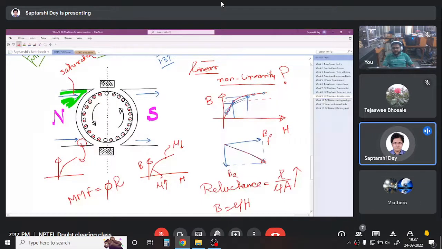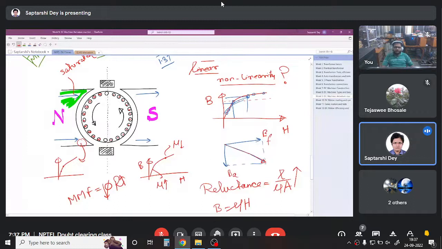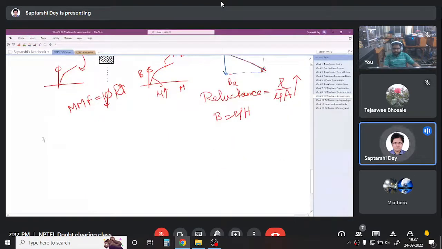So when the reluctance increases, for the same MMF, our flux must reduce. So if you do a vector addition of the MMF of the armature and the MMF of the field, and find out what the total flux should be as a resultant, you will see what you actually have in the motor is less than what you calculated. Why? Because of the presence of this non-linearity. It has increased the reluctance, so for the same MMF, the flux has reduced.